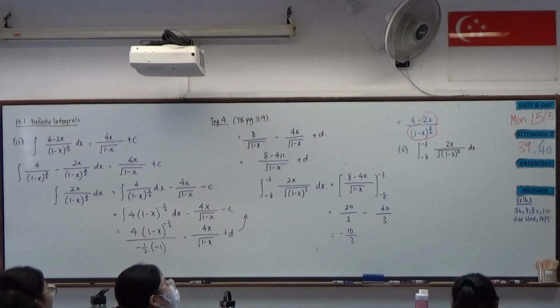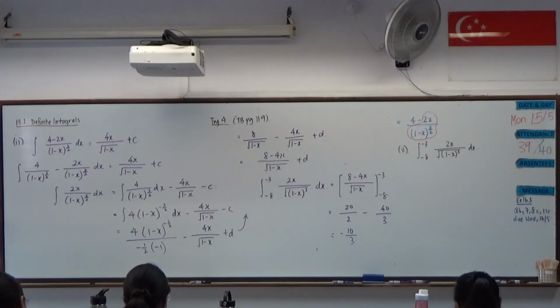In the full solution, it says negative 10/3. So it's their printing problem. Okay, so answer fine? So answer should be negative 10/3. Let me just write this here: textbook answer key wrong. Anything else? Then let's move on.